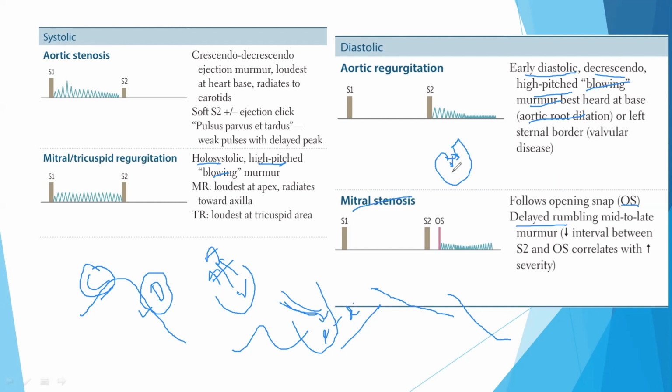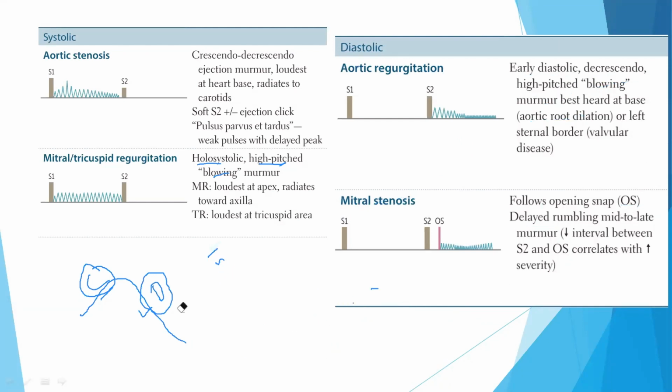If the opening snap is higher, then the mitral stenosis is severe, because it means more pressure is required to open that stiff mitral valve. This is the very basic idea that you need to know about the murmurs and their mechanisms, how they appear, why they appear, and what the characteristics of the murmurs are.